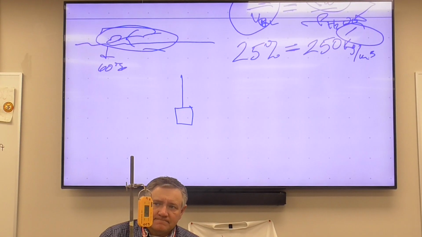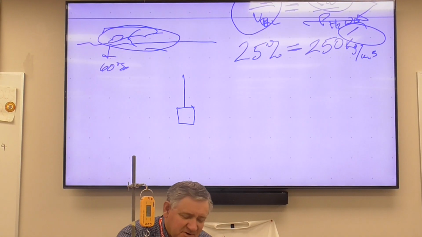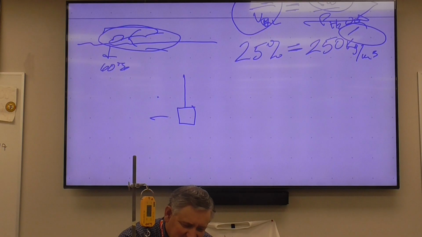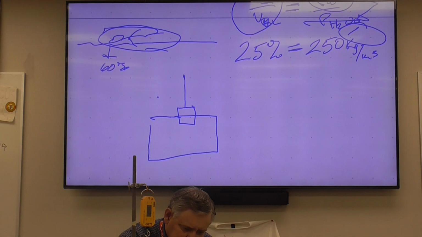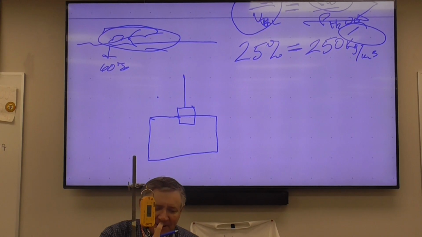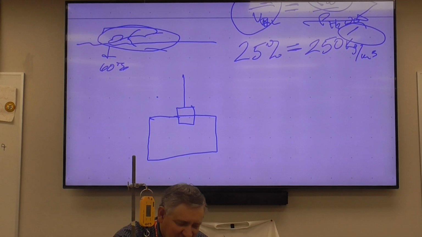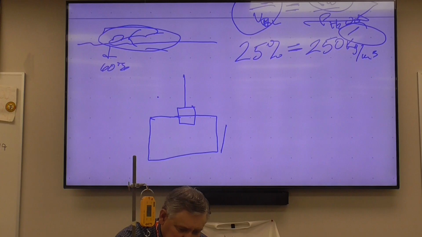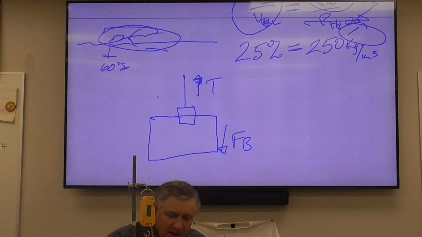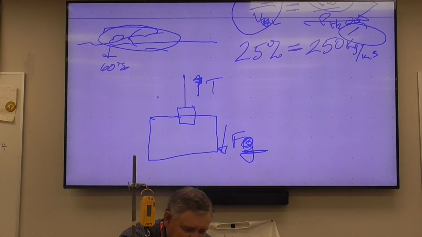You've got gravity acting down, tension acting up, and the buoyancy force also acting up.